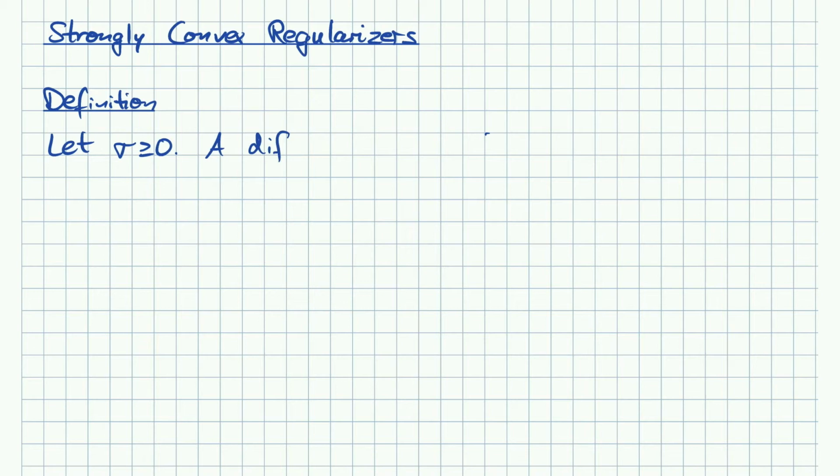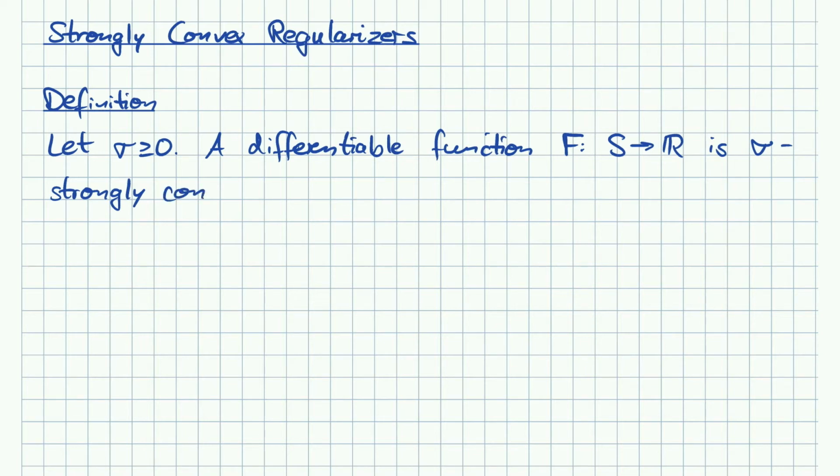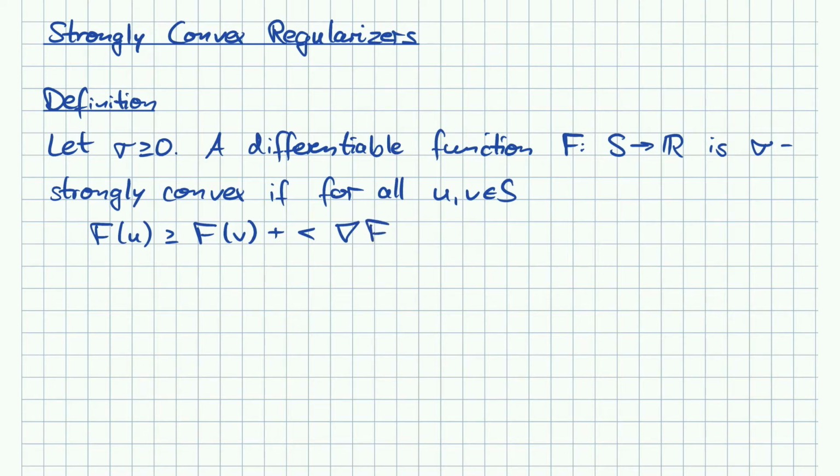And then we say a differentiable function capital F, mapping from our set S to the reals, is sigma strongly convex if for all u and v from the set S, we have that capital F of u is at least capital F of v plus the dot product of the gradient of f at v and u minus v plus sigma over 2 times the norm of u minus v squared.